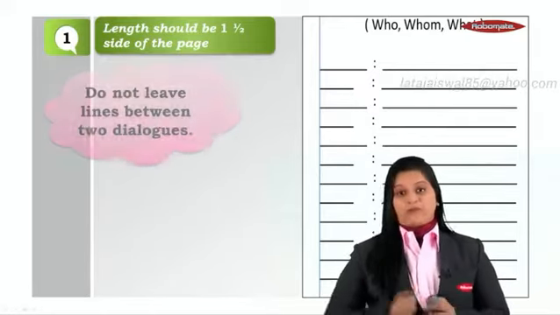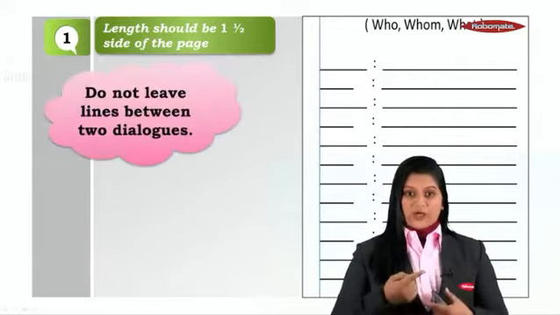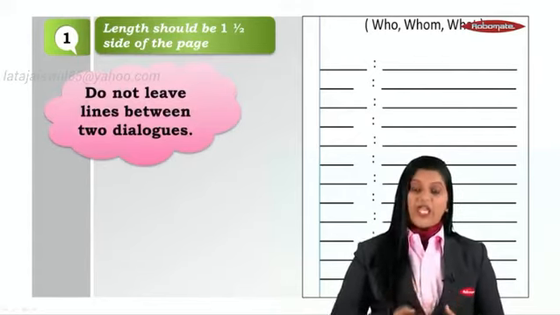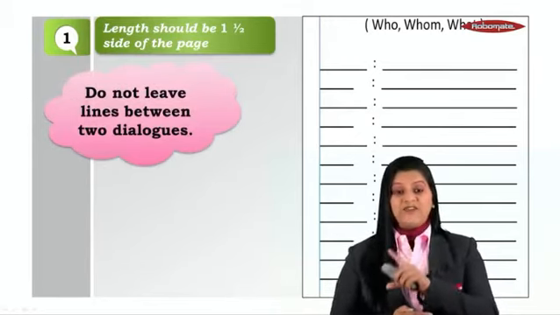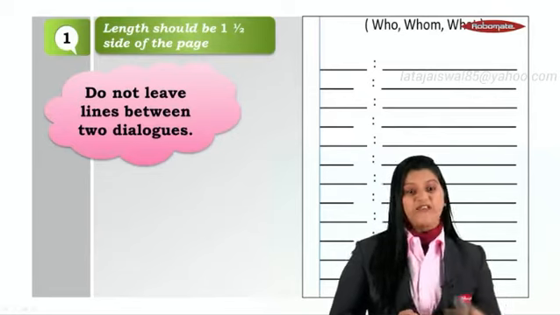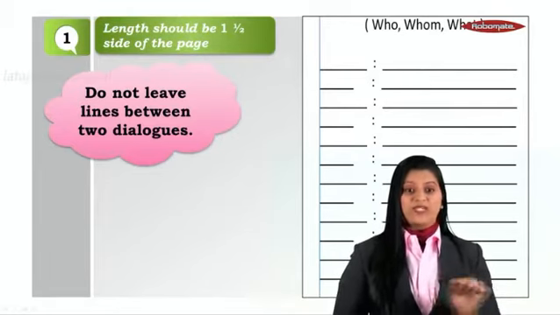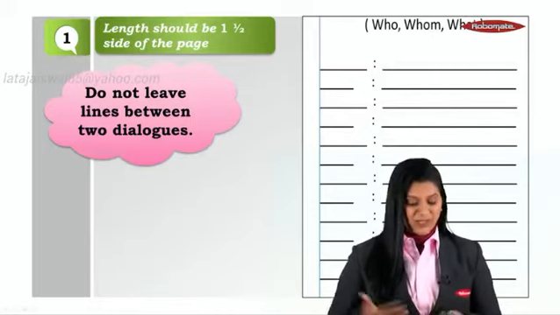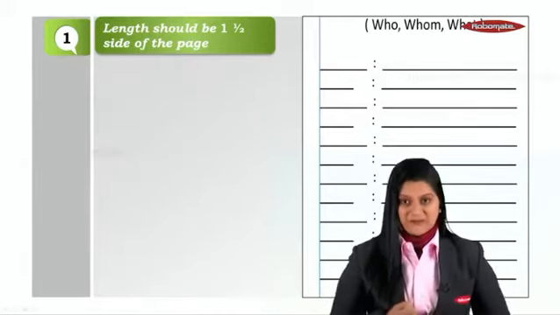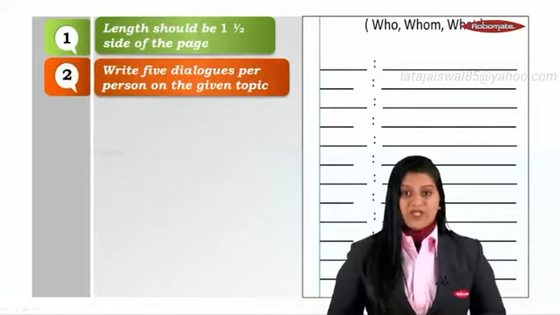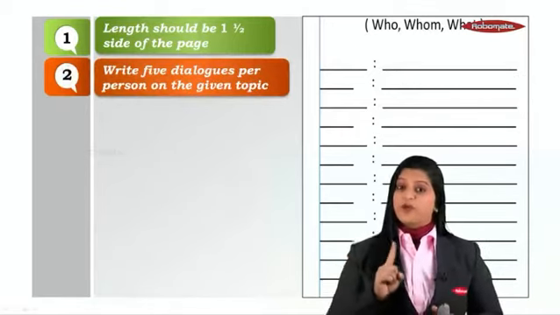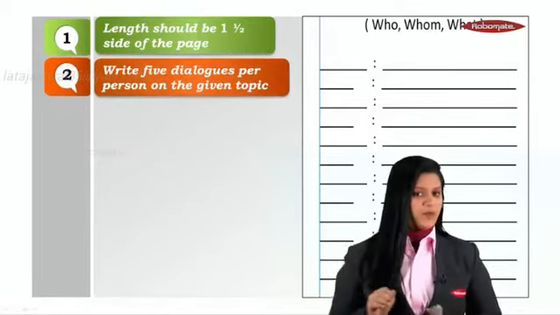Writing 1.5 pages actually means leaving no line between each and every dialogue. You are not going to leave a single line between all the dialogues, because that consumes a lot of space.